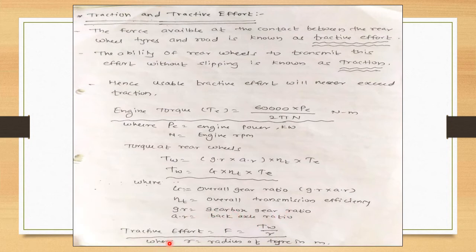The tractive effort, the force available at the contact between the road surface and the tire, is F equal to TW by R, force equal to torque upon R, where R is the radius of the tire in meters.